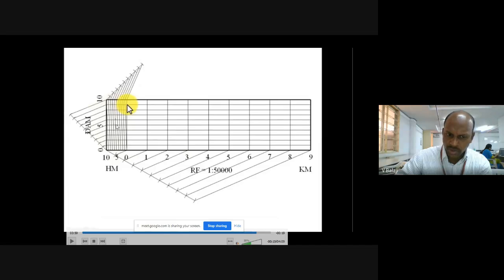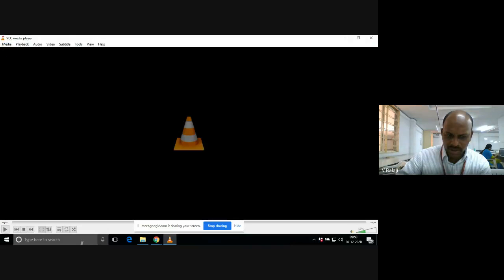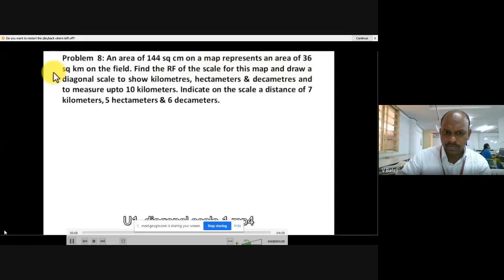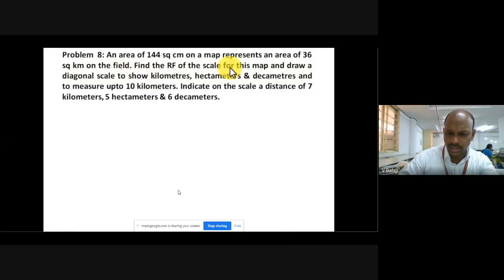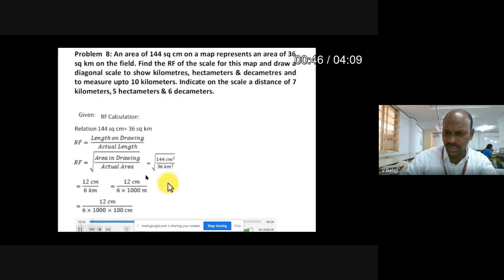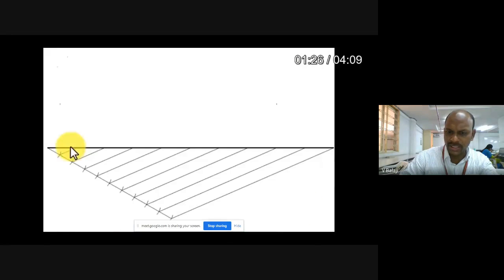So we got one point here and one more point at 7 kilometer. The distance between these two will be the required answer. Once again, check what the given problem is. You're asking 7 kilometer, 5 hectometer, and 6 decameters, right? So can you mark it on the given scale? 7, 5, 6.